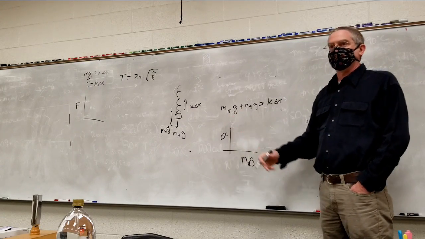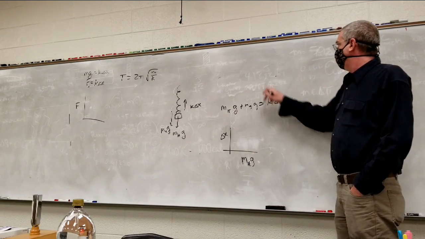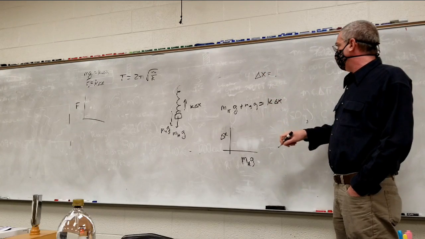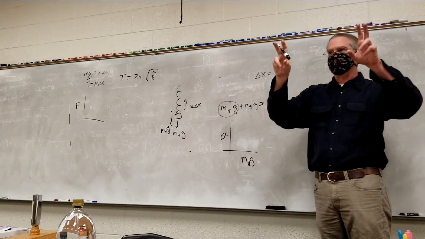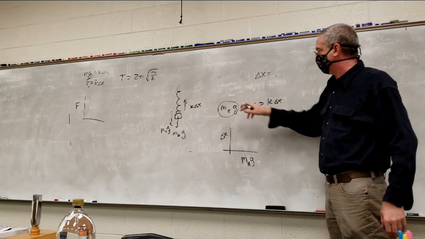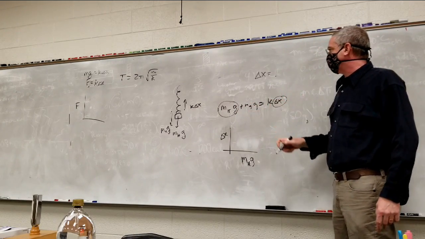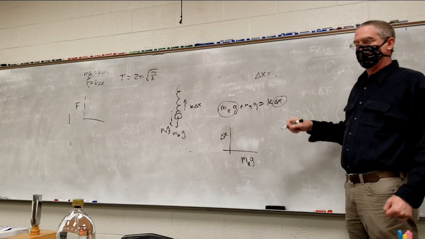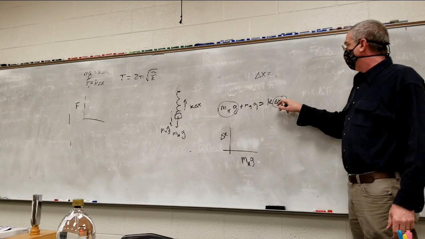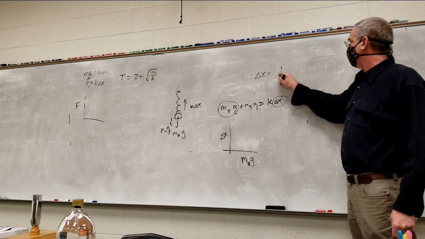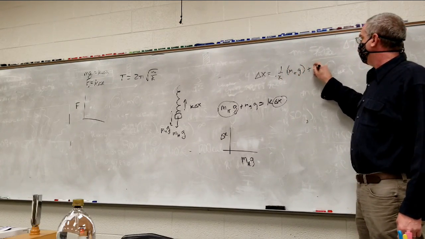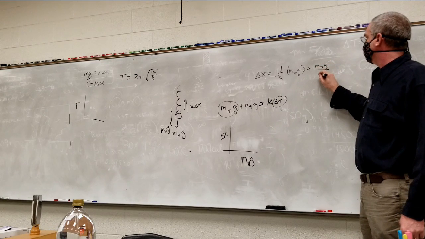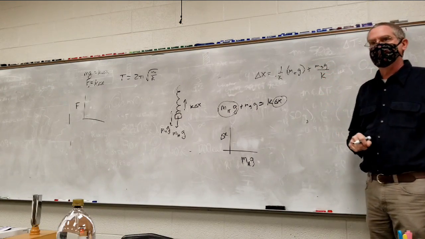So let's solve for delta x. That is sort of my x-axis, my horizontal axis right there. That's my vertical axis right there. So I want to get it into slope-intercept form. And so delta x becomes 1 over k times m_h g plus m_s g over k.